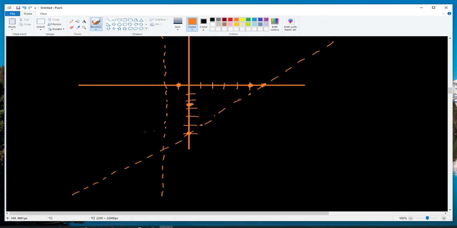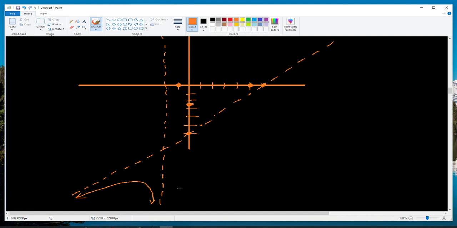So we have to decide for the first part of our graph, do we have a line that comes in along the oblique and heads up towards the vertical, or do we have a line that's along the oblique and down with the vertical? So again, we're going to use where x-intercepts occur. There's no x-intercepts out in this region, so that's going to force this part of the line to be down here like that.